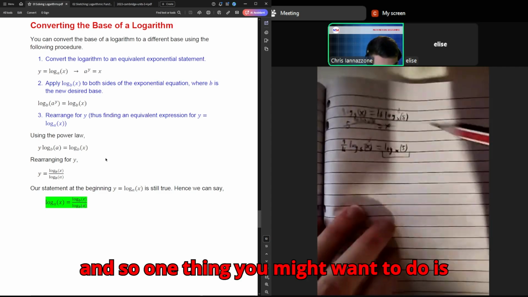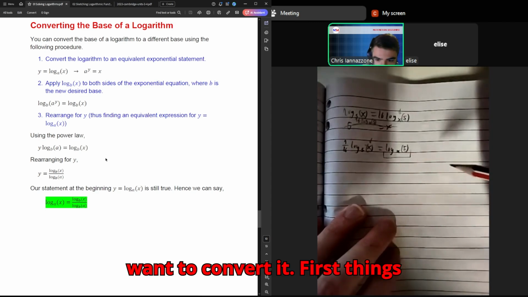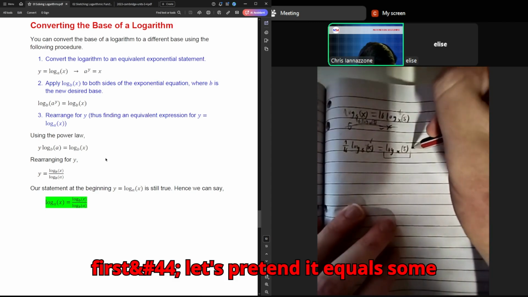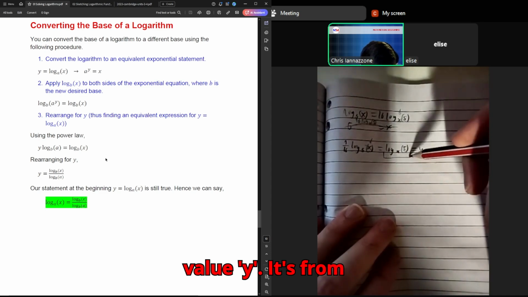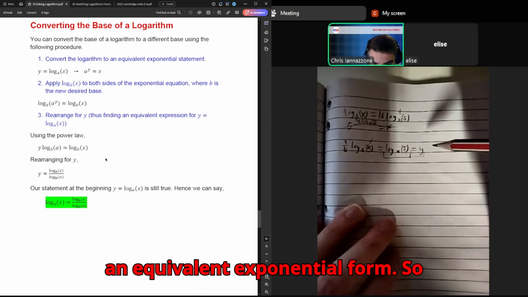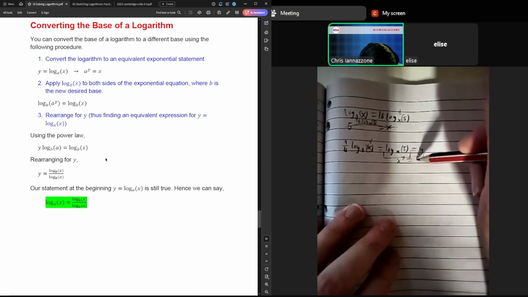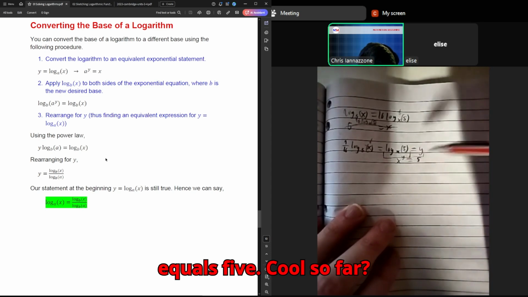So let's say, okay, I've got this logarithm, I want to convert it. First things first, let's pretend it equals some value y. It's from here that you would then convert this to an equivalent exponential form. So you'd have x to the power of y equals 5.